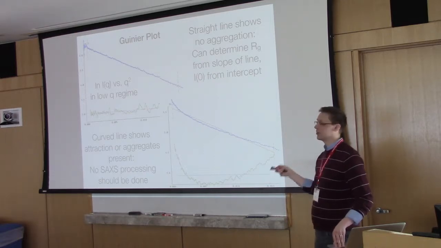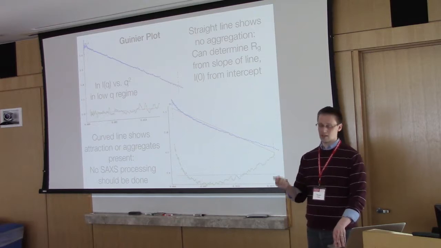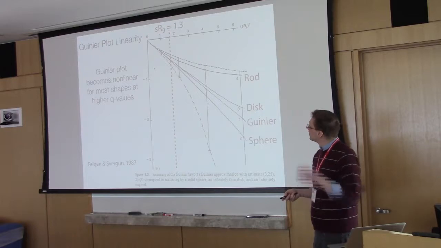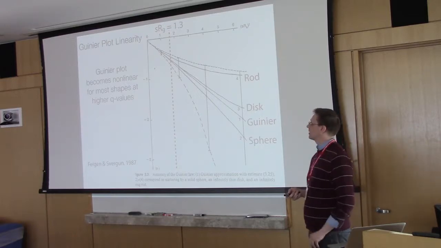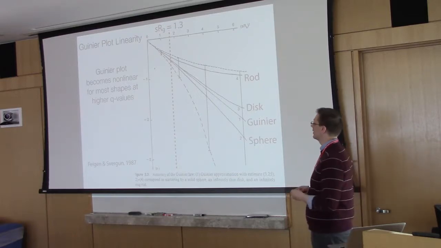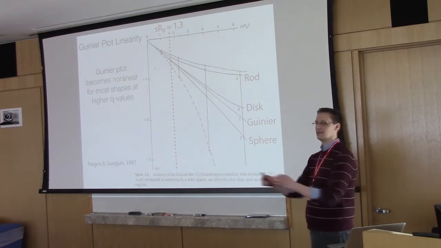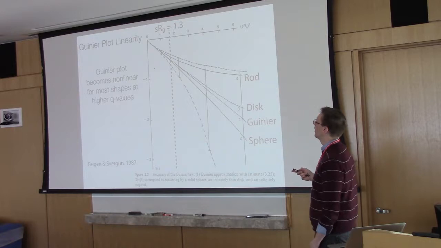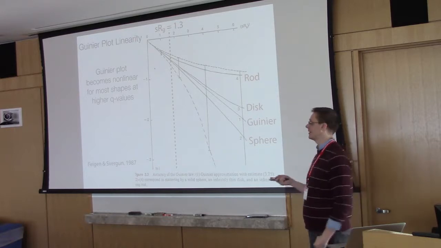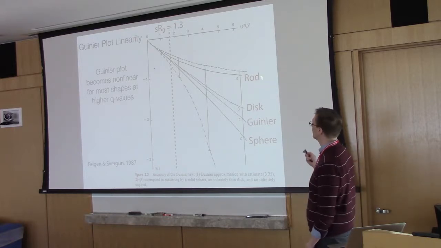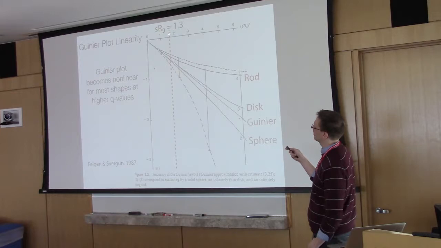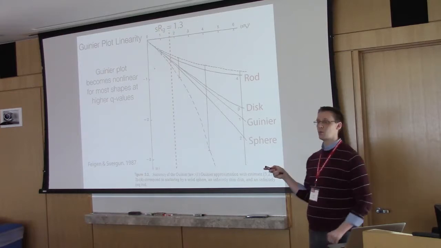And if it's repulsive, you're going to get a radius of gyration that's smaller than it actually would be. So one of the problems with the assumptions of the Guinier plot is that it assumes everything is a Guinier-type particle, and a lot of particles are not, in particular things like rods. So what we typically use is a Guinier range where Q times Rg is less than 1.3.